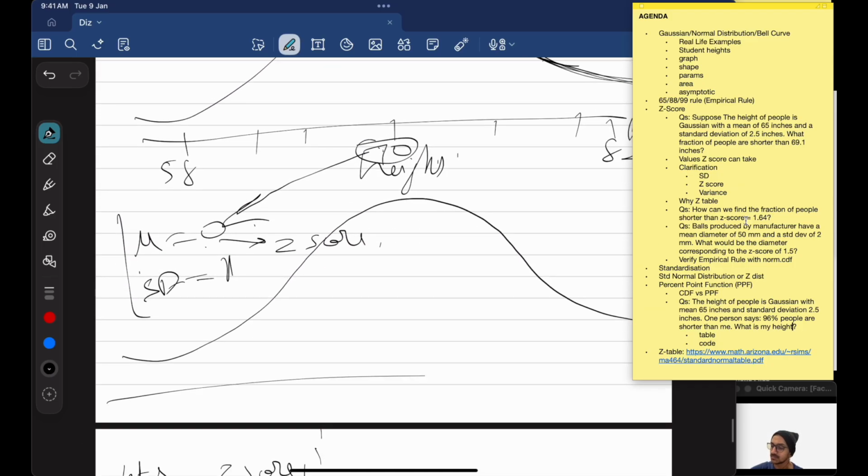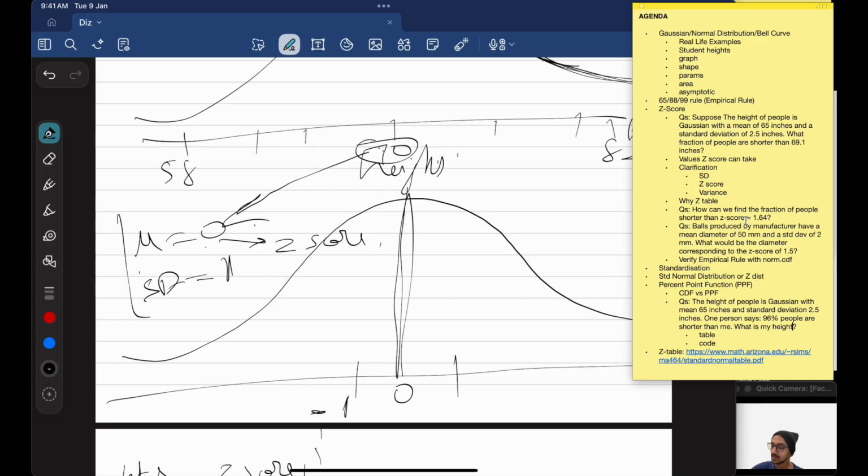And so when standardized, the mean will sit exactly at 0, and the standard deviation is 1.